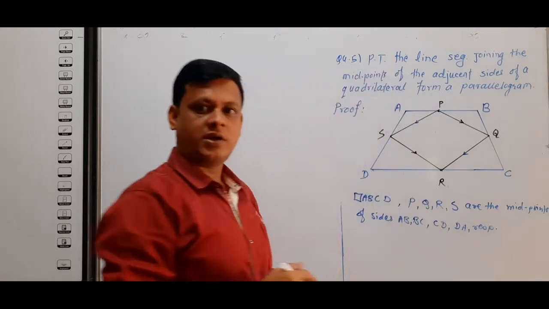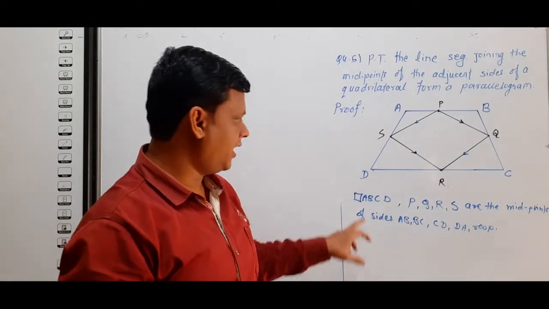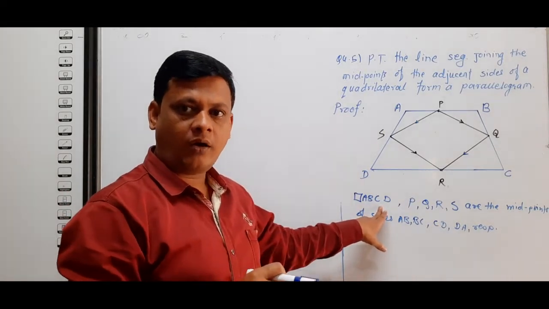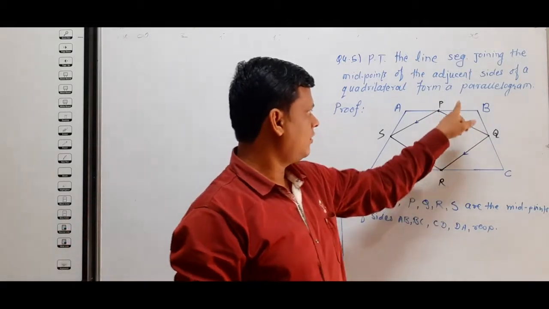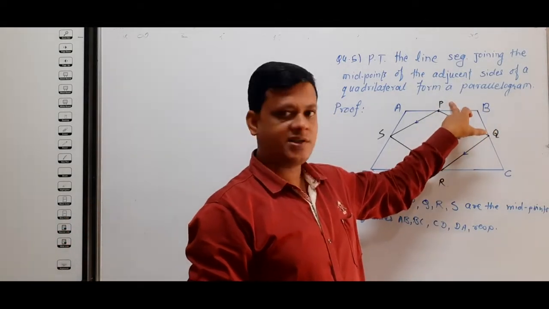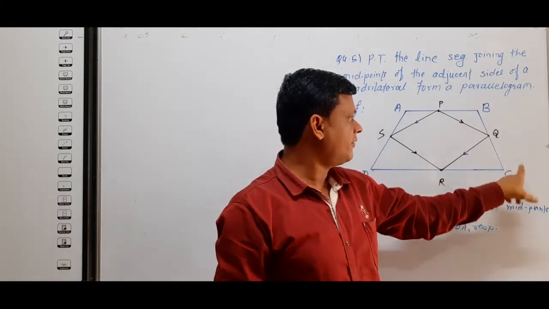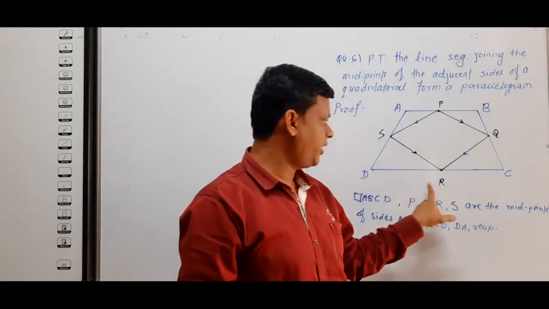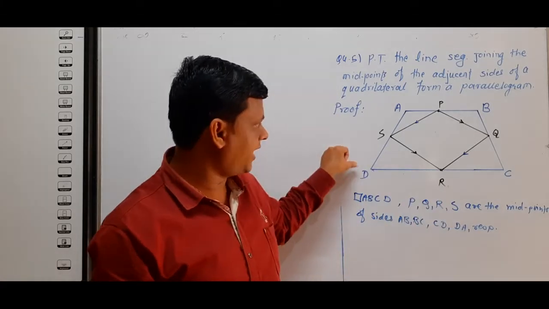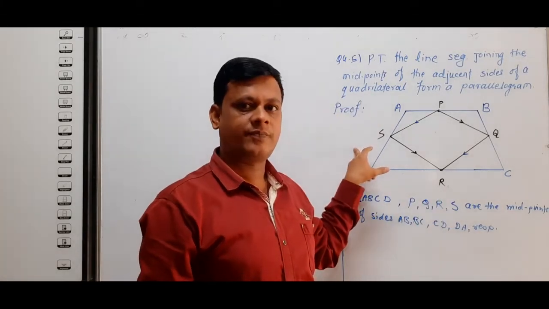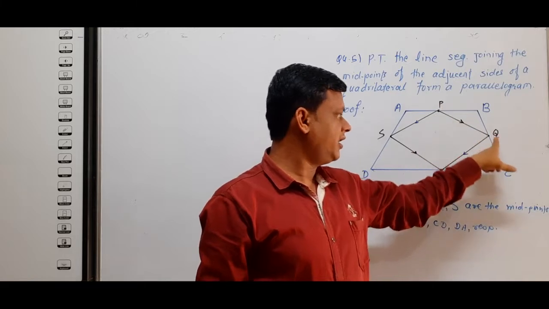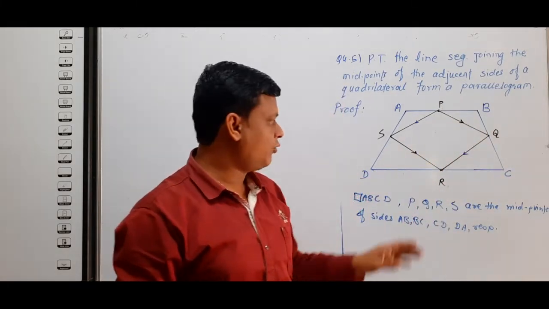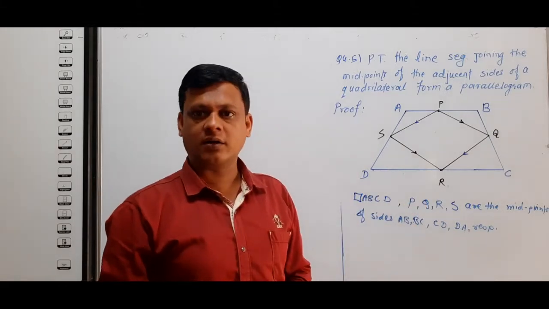That means we have to consider first quadrilateral ABCD, then we have to consider midpoints of sides. So midpoint of side AB we consider P, midpoint of side BC we consider Q, midpoint of side CD we consider R, and midpoint of side DA we consider S. Now after joining these 4 points, we get a parallelogram that we have to show by vectors.